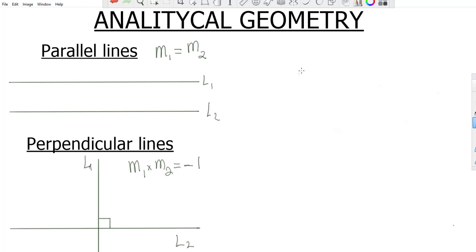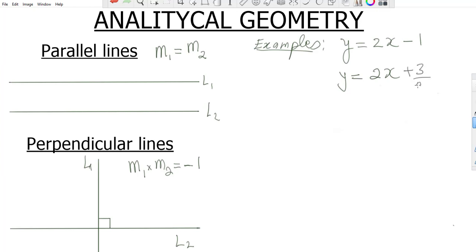We'll have here now, for example, two lines. For example, this line, and this one, these two lines are perpendicular.